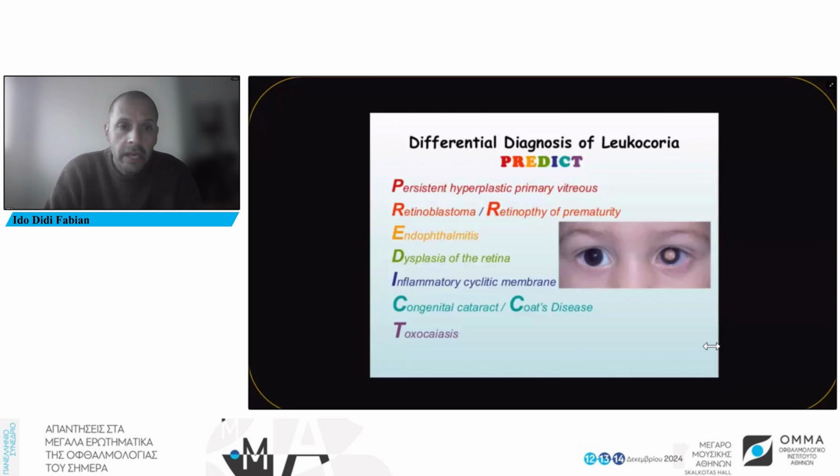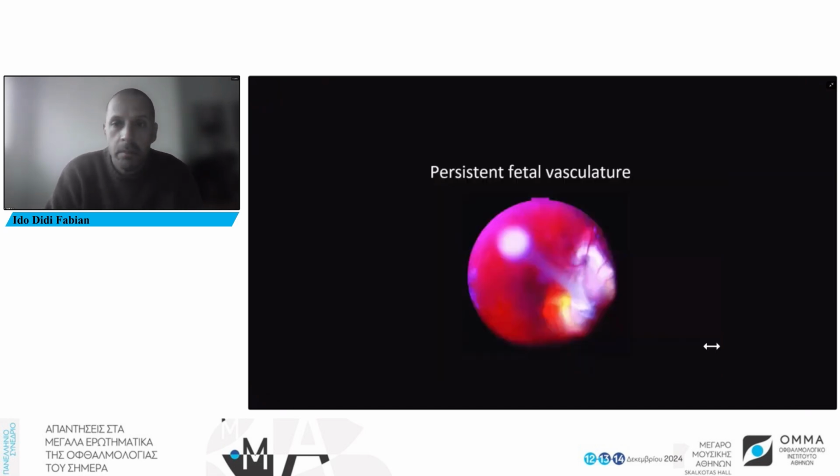ROP, endophthalmitis, dysplasia of the retina, inflammatory cyclitic membrane, congenital cataract, Coats disease, and toxocariasis. And you can sum this up into the following mnemonic called PREDICT to make it easy to remember. And here are some details on the various pathologies.